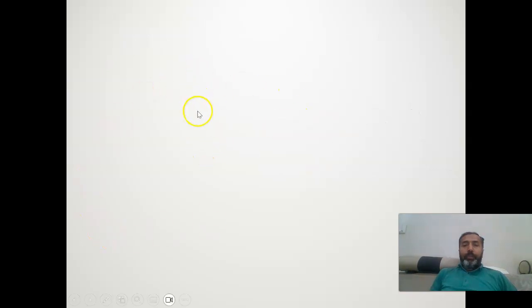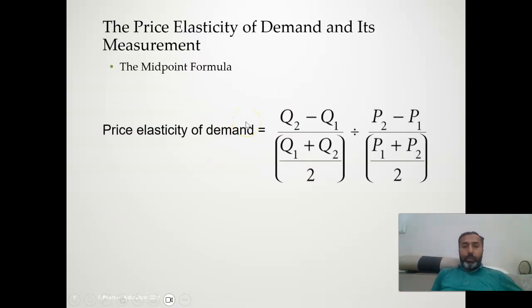So here what we need to know is that the numerators are change in quantity and change in price, while the denominators are average quantity and average price. Because average is a measure of the mid, we call this formula the midpoint formula of price elasticity of demand.